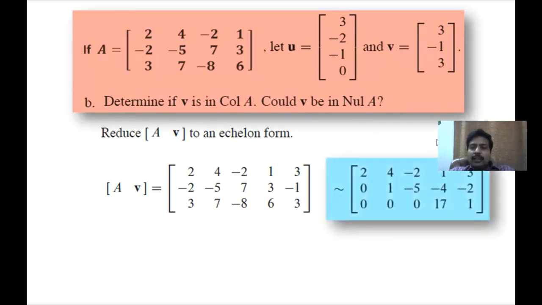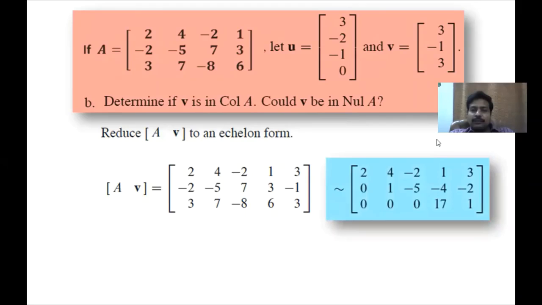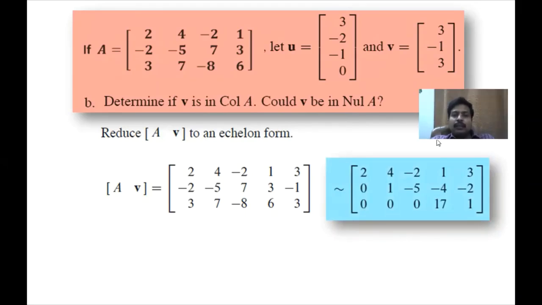And after elementary row operations, we can convert this into echelon form like this. In the echelon form, the leading coefficients must be nonzero entries, and below them will be 0 entries.